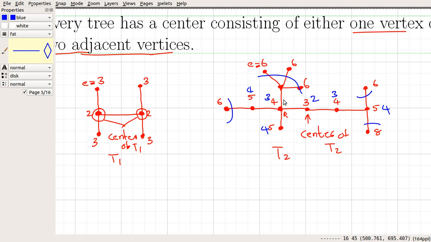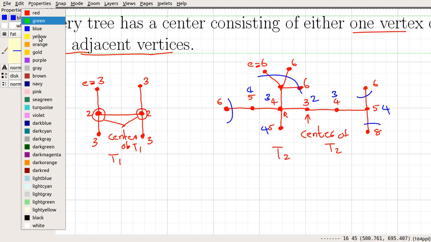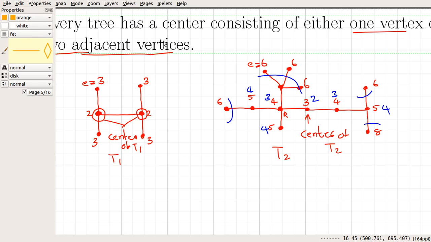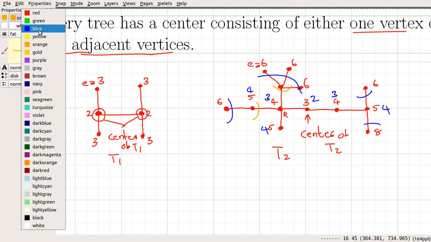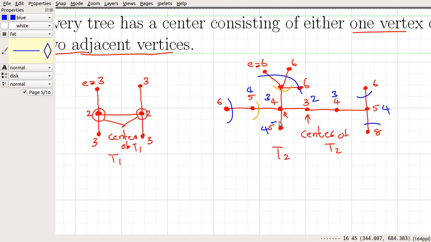In the next step we will consider this new graph, and we will delete all the pendant vertices from that graph. So we will delete this one, and we delete this 5.